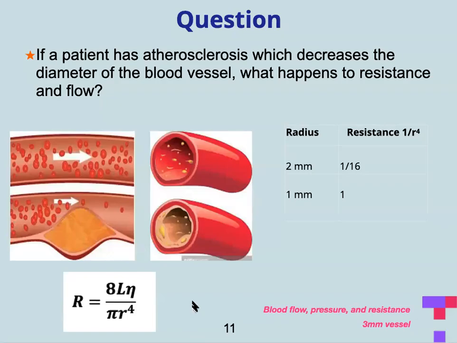Here we have an example looking at the influence of varying blood vessel diameter, which is just twice the radius, on resistance. We can see that halving the radius, going from 2 millimeters to 1 millimeter, multiplies the resistance by 16-fold.